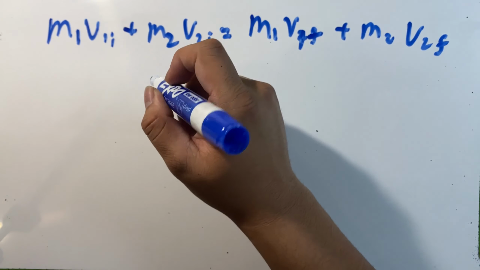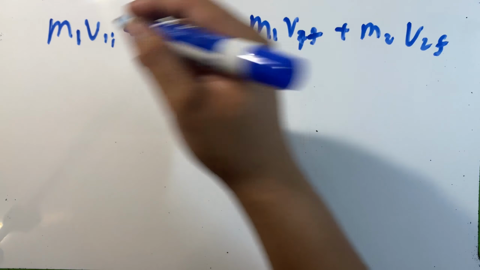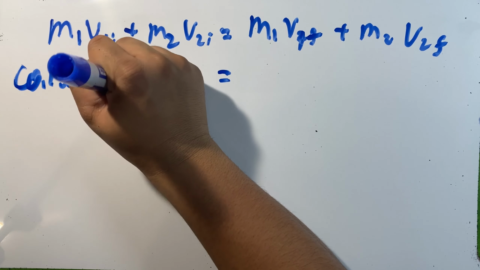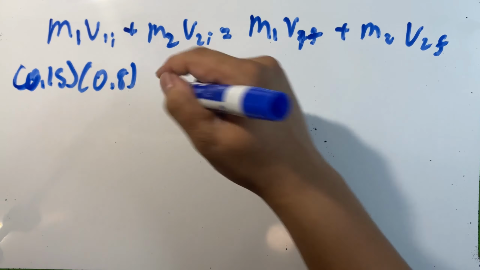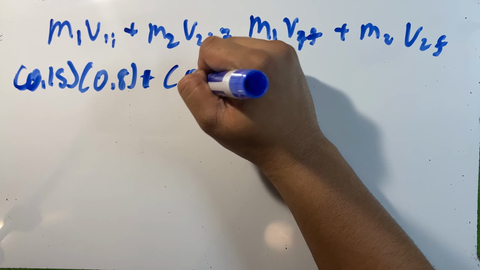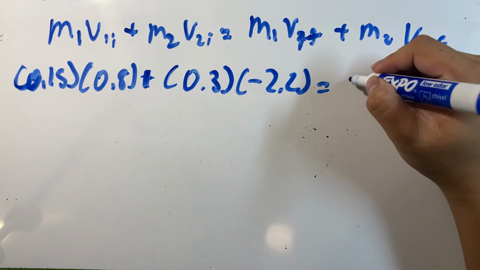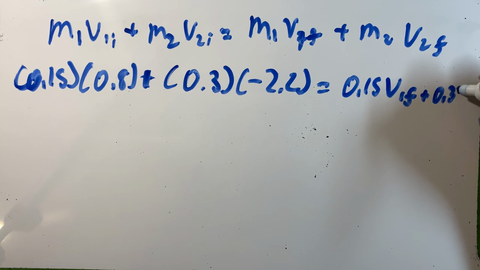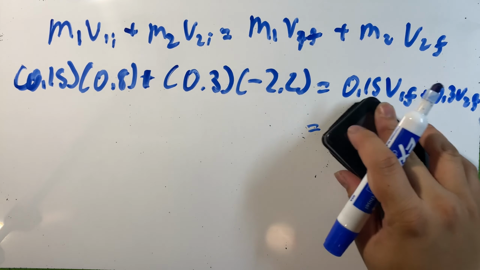When you plug in the numbers that were given, it's going to be 0.15 times 0.8. I'm not going to include the units because we don't have enough room here. Plus 0.3 times negative 2.2 is equal to 0.15 v1 final plus 0.3 v2 final.